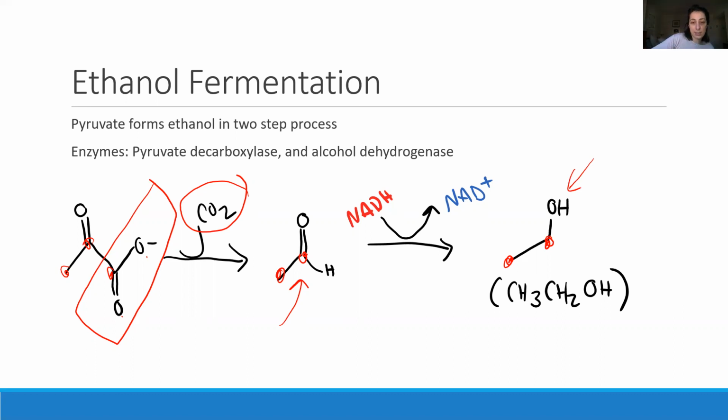It is this ability to convert alcohol into this aldehyde and vice versa. And it takes NADH and makes NAD+. Remember, again, this is the key part of these steps because we are regenerating NAD+ to feed it back into glycolysis.